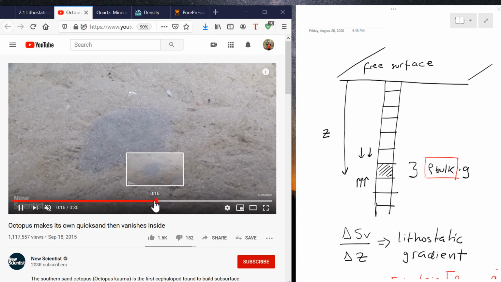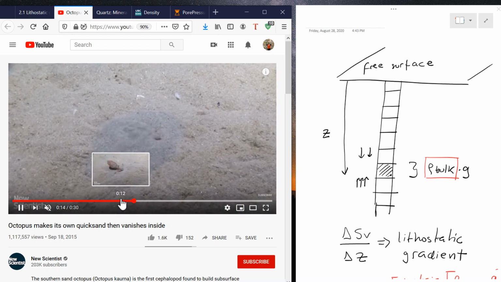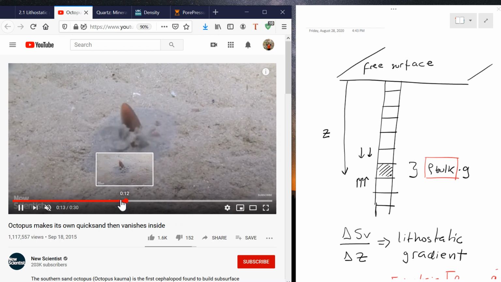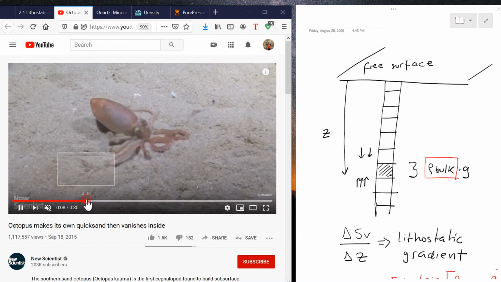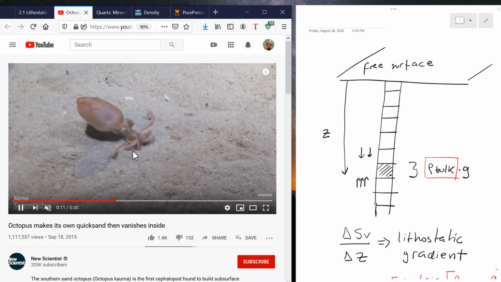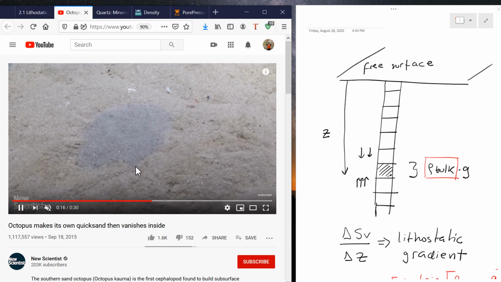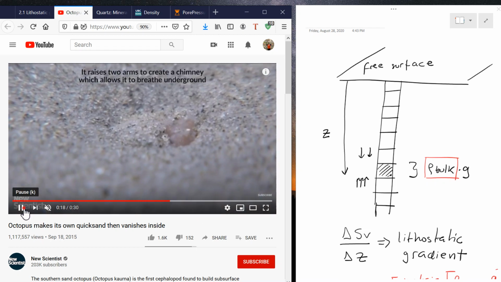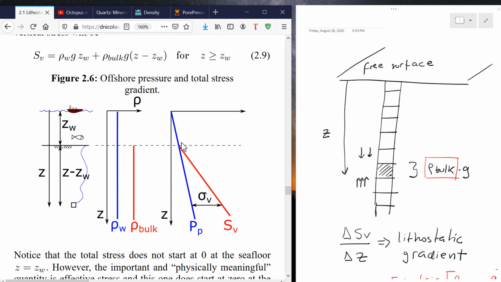All right, so you could do the same if you were able to expel a jet of water into the sand like the octopus. But the main idea here is that no matter what the depth is, the effective stress at the bottom of the ocean is going to be zero. It's just when you go below this depth that the effective stress is going to increase.